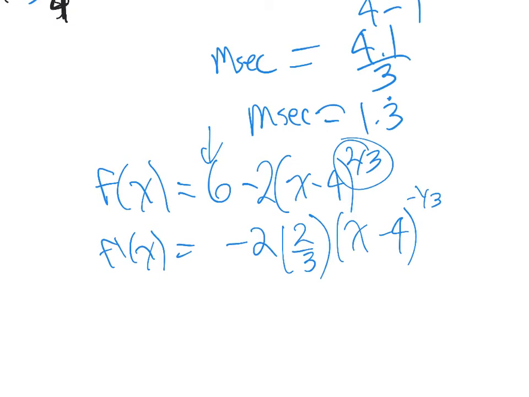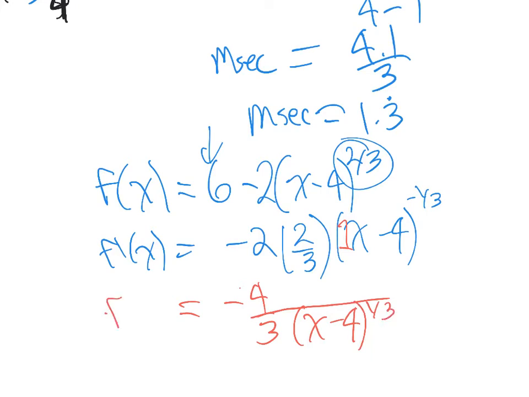And that's all I have to do, because I don't really have to do the chain rule, because it's just 1x inside the brackets there, and the derivative of 1x is 1. So there's my f prime at x. So it ends up being negative 4 over 3 times (x minus 4) to the 1/3. Okay, and that's f prime of x.